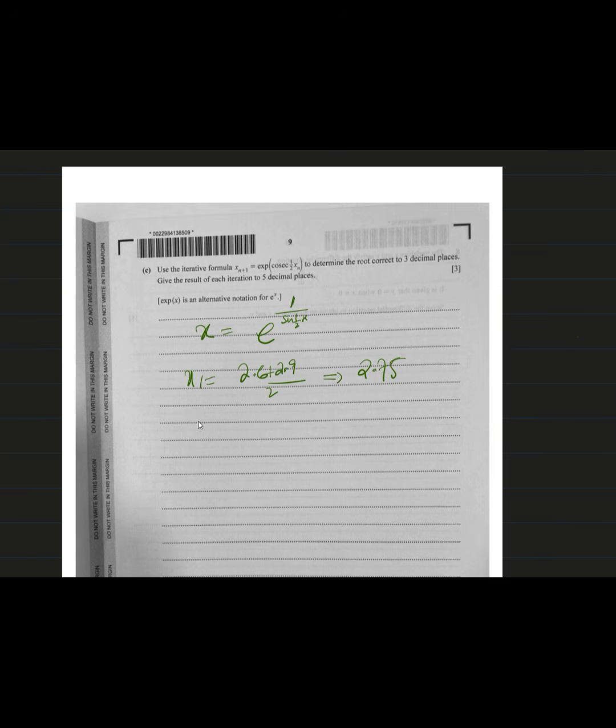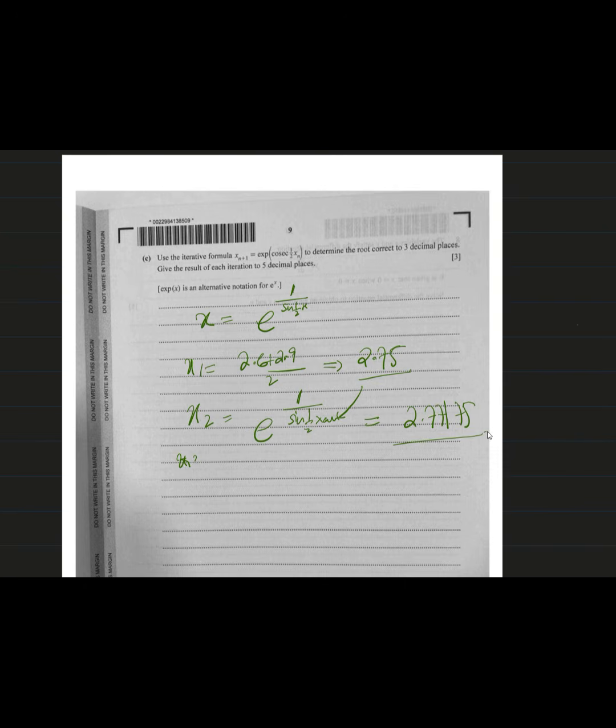For each successive iteration, x2 will be e power 1 over sine of half into the answer, and we'll put this into the calculator. Our first iteration gives x2 as 2.77175.